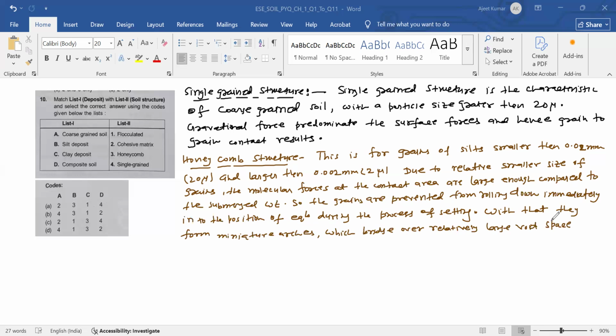This results in formation of honeycomb structure, and it will look like this.